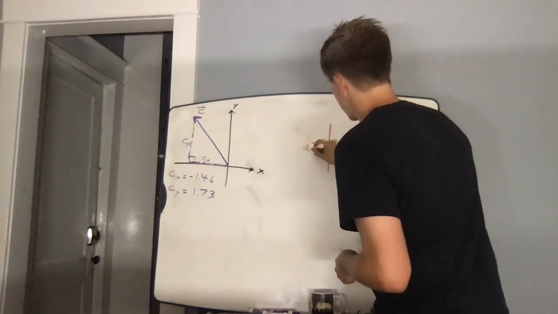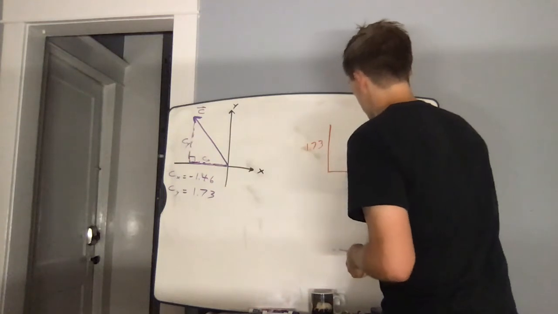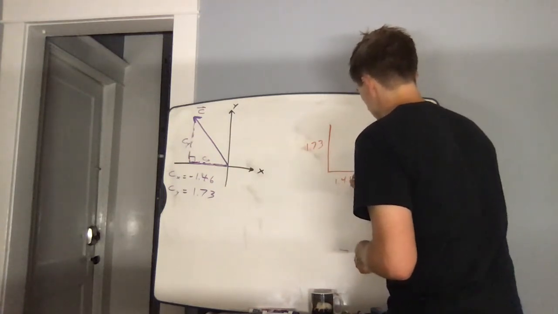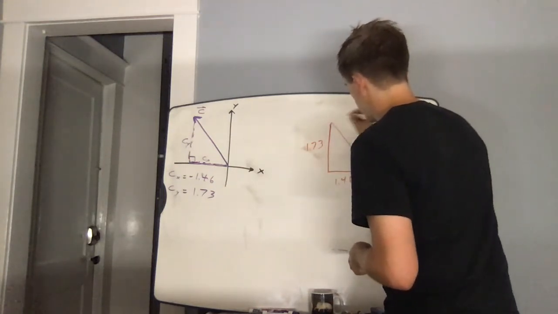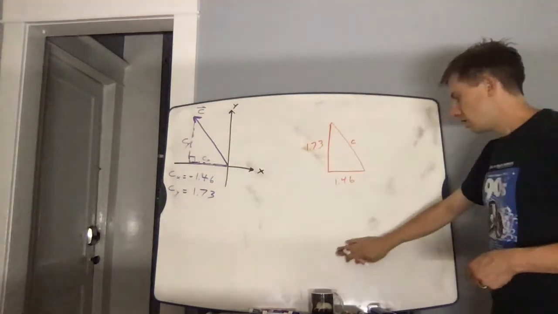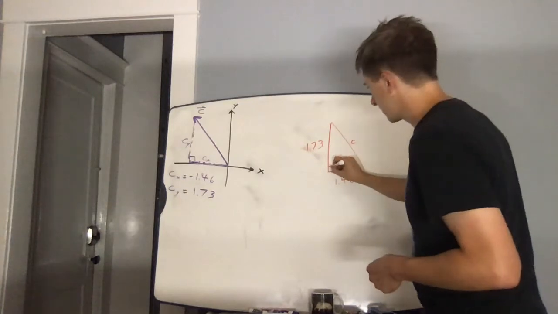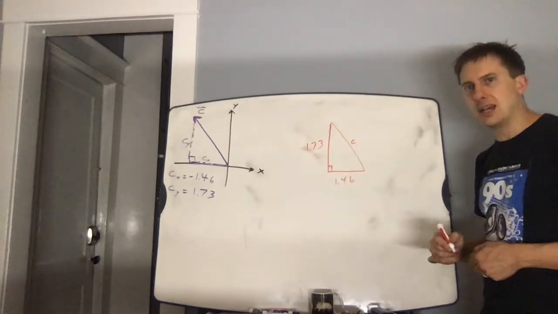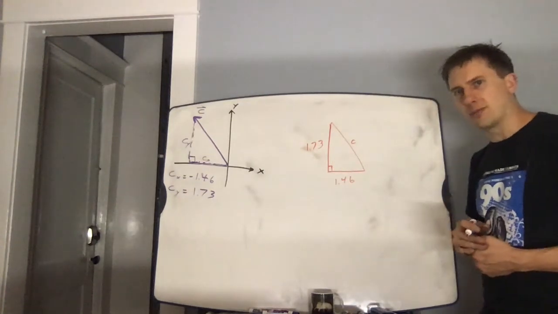1.73 units this way, 1.46 units this way, and I'm going to call this just C. So if I had a triangle like this, and I asked you to find C, you could just use the Pythagorean theorem to find it.